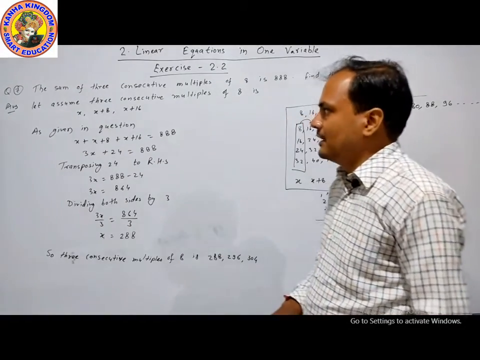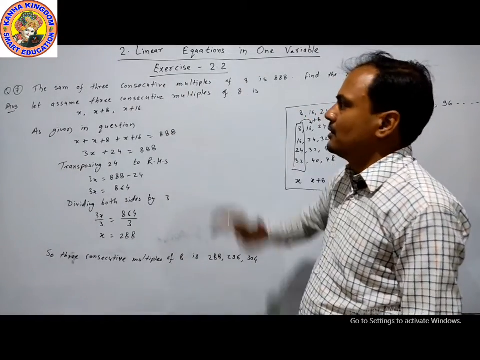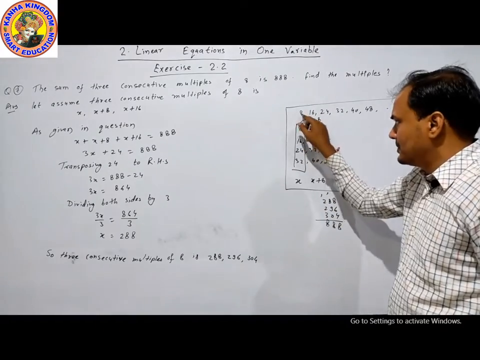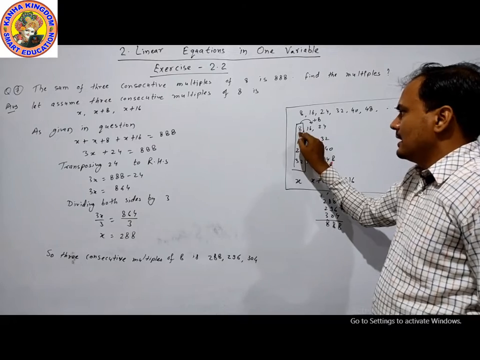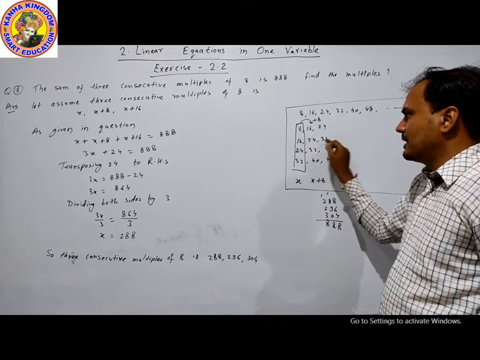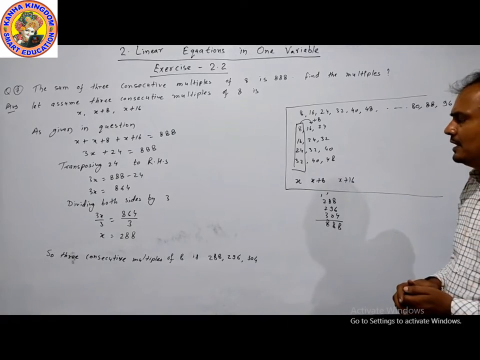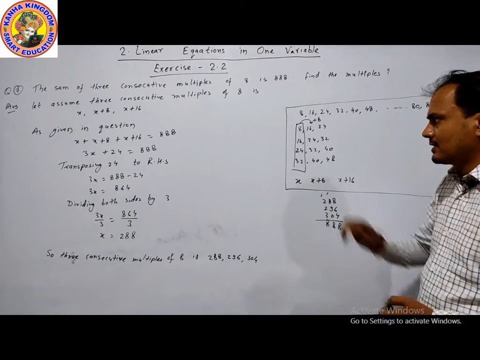Now from the beginning of the question: the sum of 3 consecutive multiples of 8. Check the table of 8. 3 consecutive numbers are selected: 8, 16, 24, or 16, 24, 32. For these numbers we make a pattern. Let us assume the first number is x.